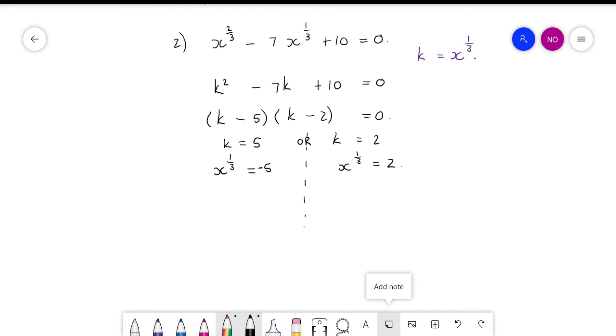Dis net as hy 'n ewe getal is wat jy dan sê no solution. So it's not, but just keep that in the back of your head. Okay, so what do we do now? We say to get rid of a third, we raise it to the power of 3. We have x is equal to 125 or x is equal to 8.